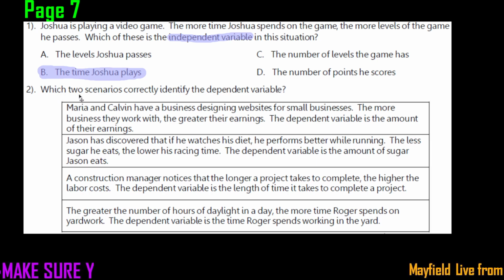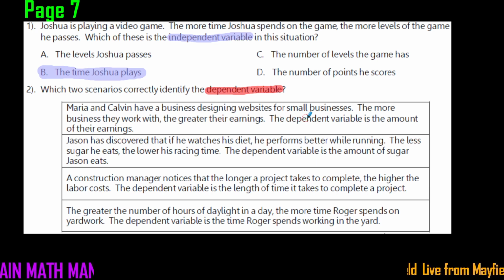For number 2, it says which two scenarios correctly identify the dependent variable. So we're looking for now a dependent variable. For that first one, it says Maria and Calvin have a business designing websites for small businesses. The more business they work with, the greater their earnings.